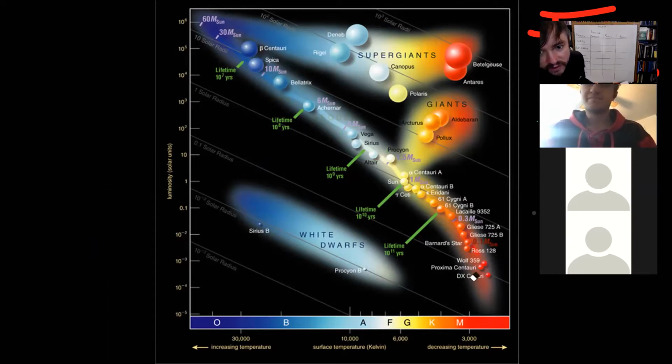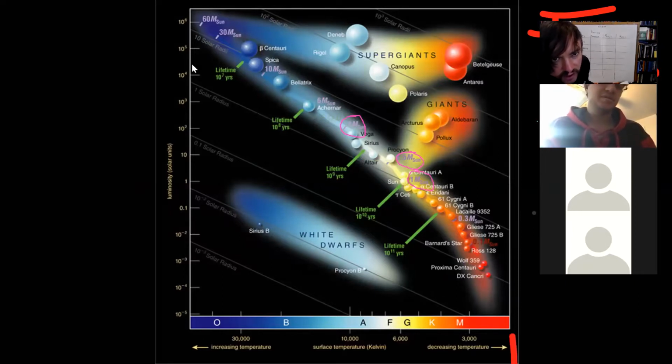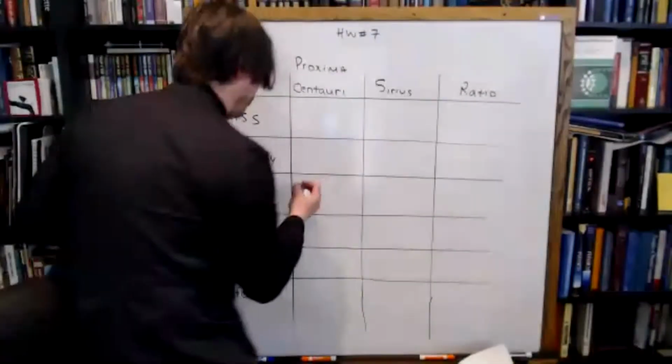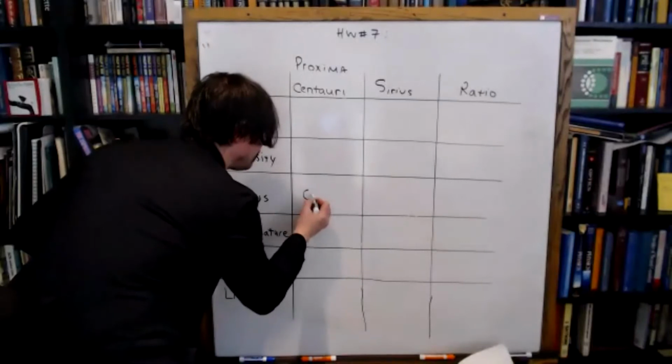Proxima Centauri is 0.1 solar radius. Where do you see 0.1 solar radius? The diagonal lines going across the diagram. Oh, okay. Fine. Let's do that then. So it's 0.1 solar radii for Proxima Centauri.